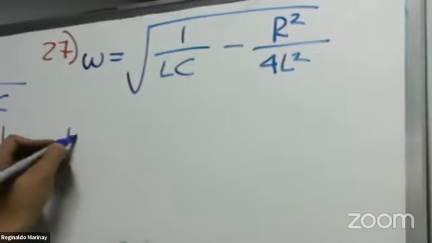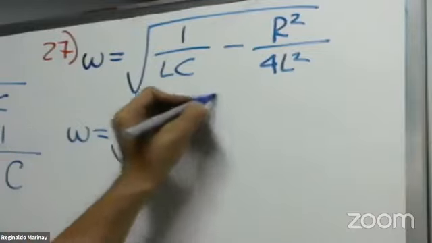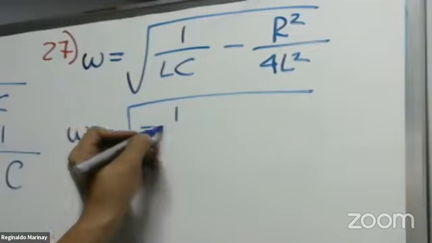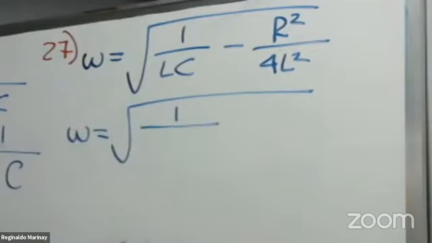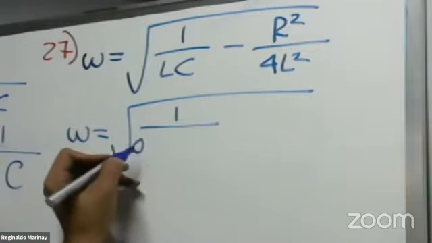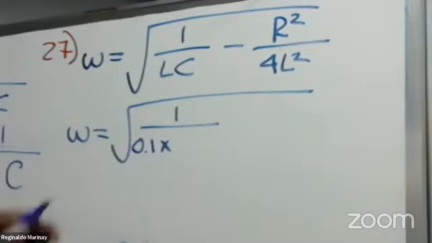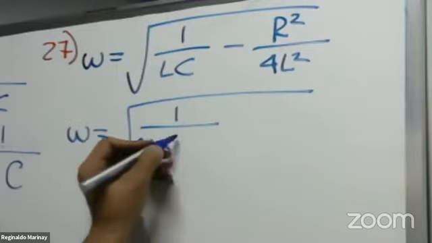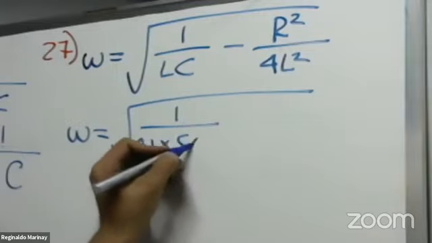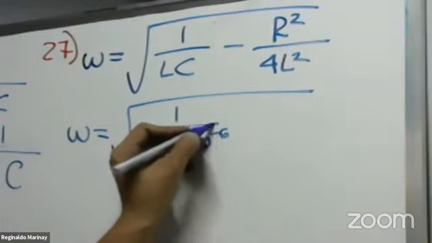Let us substitute the given values. 1 over, what is our L? 0.1 times C, 5 micro, times 10 raised to negative 6.